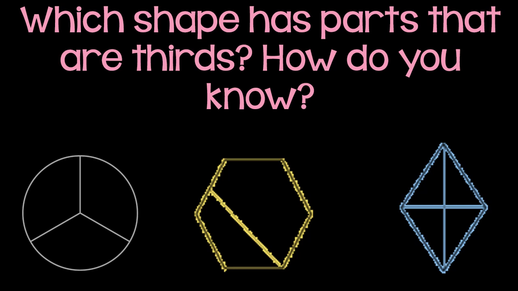Look at these shapes. Which shape has parts that are in thirds, and how do you know? Take a look at all 3 of them. Which are cut into thirds? Well, the only one that's cut into thirds is this one here, the circle.